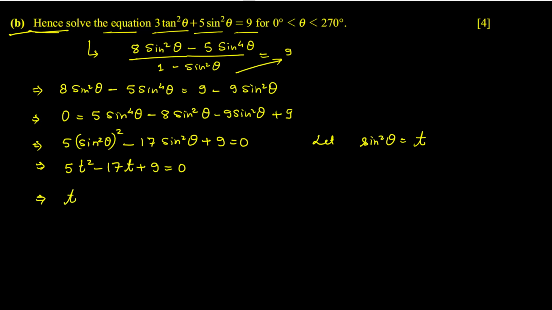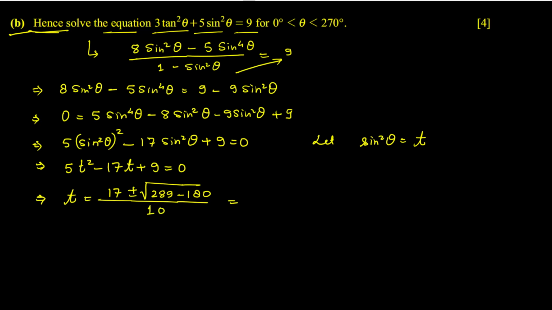So t can be written as negative b, which is going to be positive 17 here, plus minus square root of b squared, that is 17 squared, it is 289, minus 4ac, 4 into 5 is 20, 20 into 9, it is 180, over 2 times a, which is just 10.